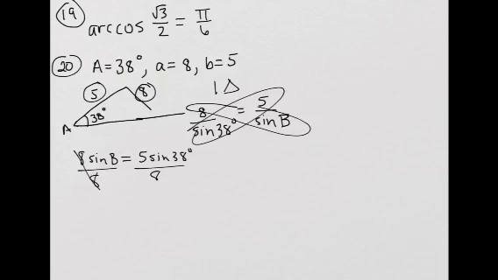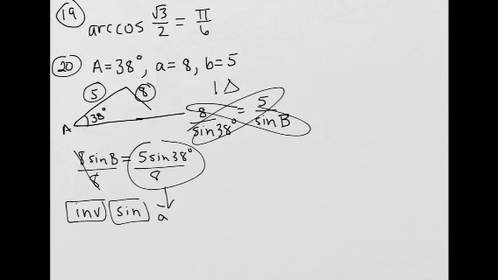So then, since we're looking for b, and this is going to give you the ratio, you're going to do inverse sine of whatever number you get here. Okay, so you're going to hit the answer key, equals.